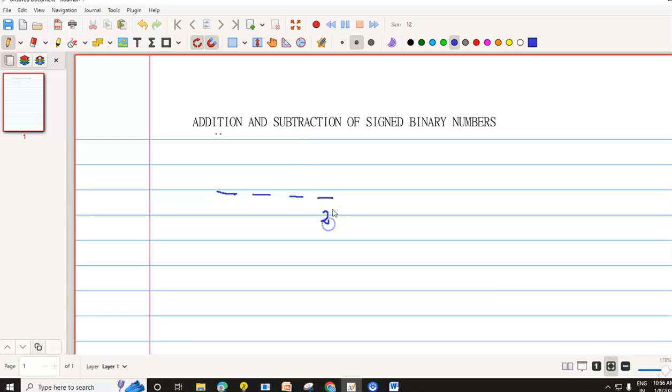So this will have 2 raised to 0, then 2 raised to 1, 2 raised to 2, 2 raised to 3. So 2 raised to 0 is 1, 2 raised to 1 is 2, 2 raised to 2 is 4, and 2 raised to 3 is 8.